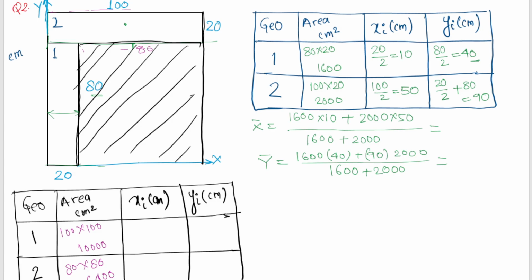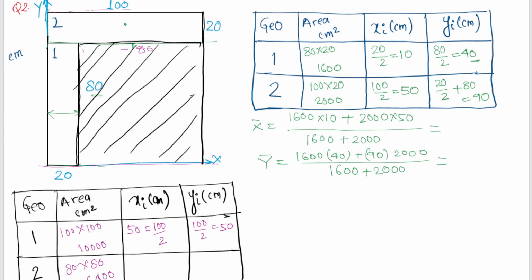So x1 will be, see, the extreme left side of the image is in contact with the reference axis. If the entire width is 100 centimeter, then x1 will be 50 because it is half of 100. And then y1, same thing. Similarly, the extreme bottom part is in contact with the reference axis. Height is 100, so y1 is 100 by 2, that is 50.